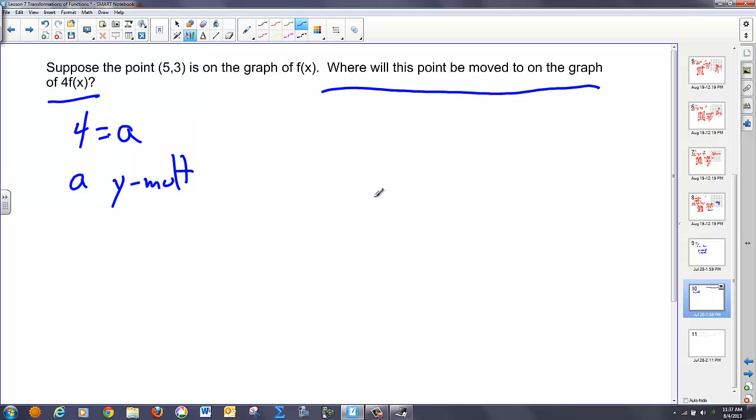So assuming that I have originally gone over 5 and up 3 and plotted a point there, my horizontal movement's not going to change. It's my vertical movement that will be multiplied by a factor of 4.